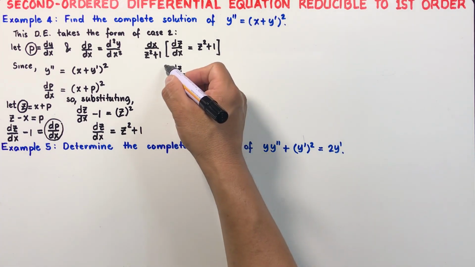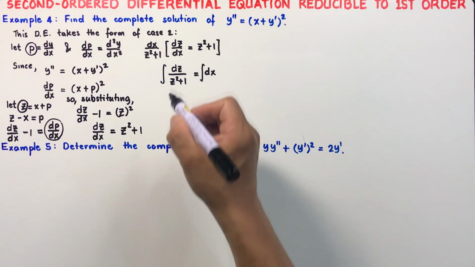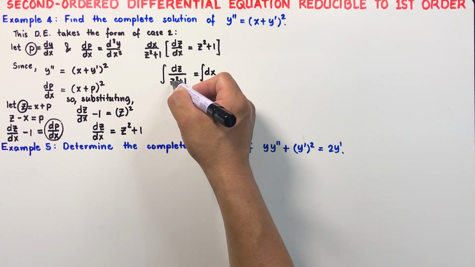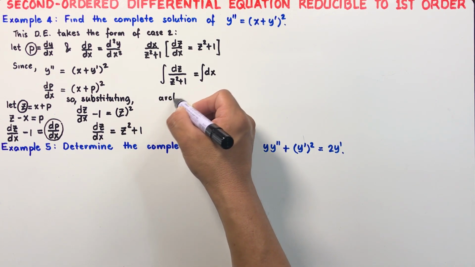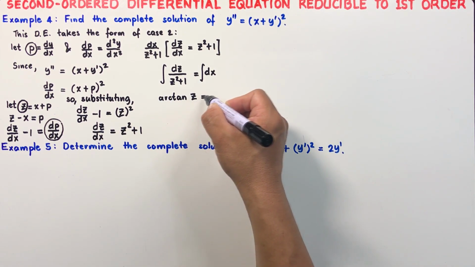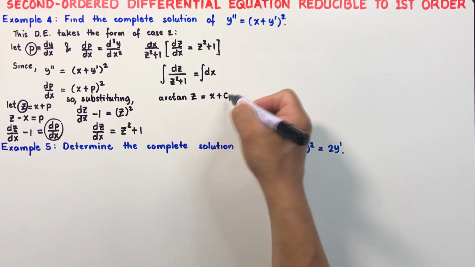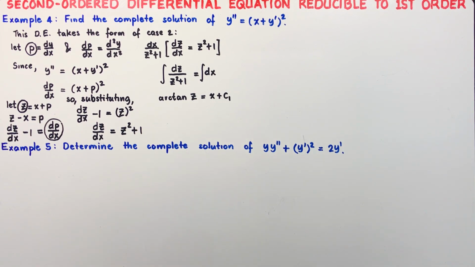So now we can integrate both sides of the equation. The integral of dz over z squared plus 1 is the arctangent of z here. And you can check that integral by recalling your knowledge from your previous calculus.